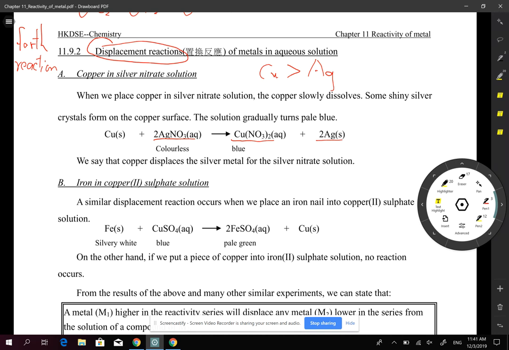And it is quite interesting because, for the observations, originally silver nitrate does not have any color. So you put a piece of copper into a colorless solution. But later, the copper displaces the position of silver and becomes copper nitrate. Then it presents copper ion.